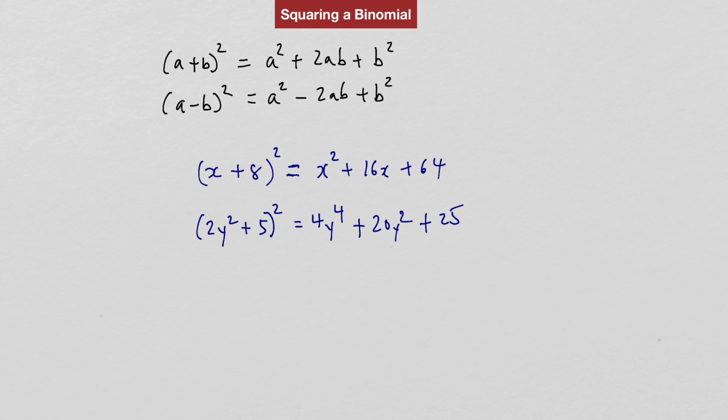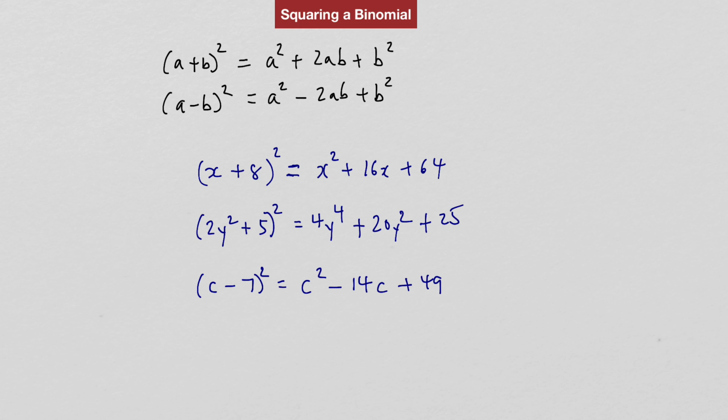And if we do another example where we have c minus 7 quantity squared, by following this formula, we get this result, which becomes c squared minus the product of c and negative 7 doubled, becomes negative 14c plus 49.